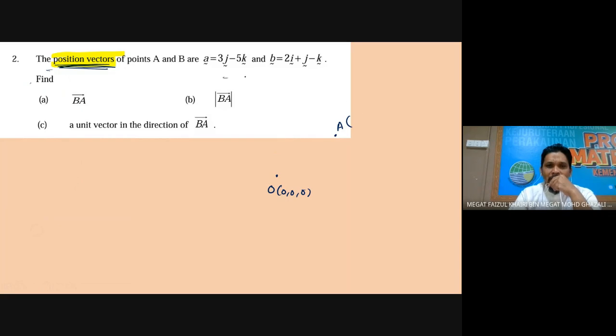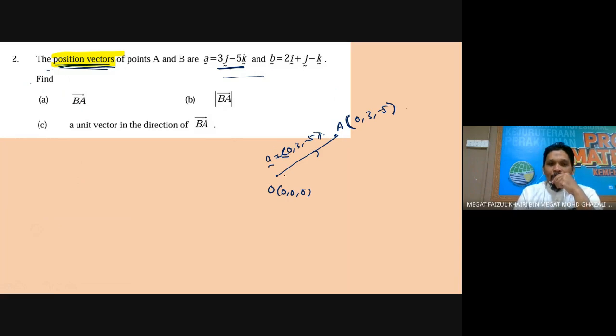For example, we get 0, 3, and negative 5. From O to A, it forms a vector of A, which is 0, 3, negative 5. This is the sign of a coordinate, and this is the sign of a vector, the short form.